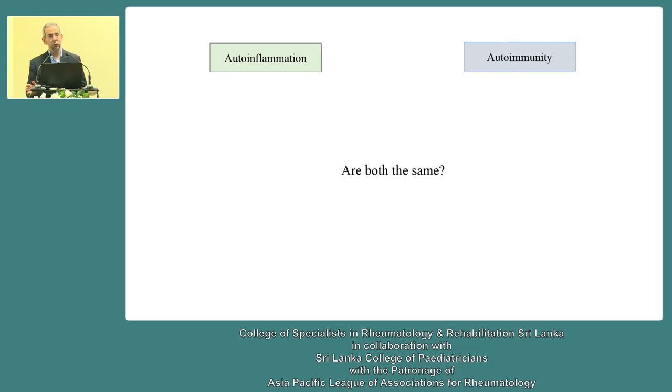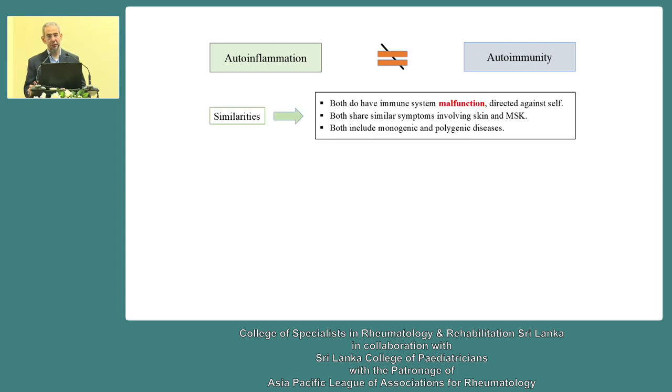So let me just highlight the two concepts. I think everyone is familiar with autoimmunity, and we don't need to discuss that, but maybe the new concept, what we call autoinflammation. Now my question, are both the same? What do you think? Maybe the answer is yes and no. Yes, in the sense there are similarities between the two concepts or two entities.